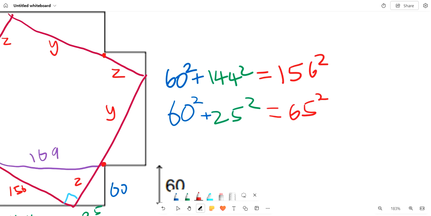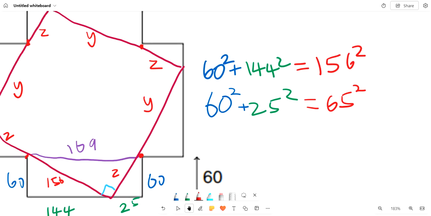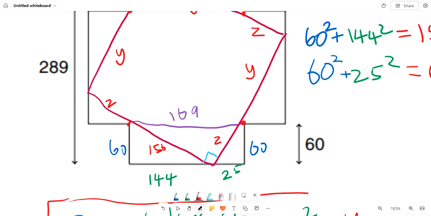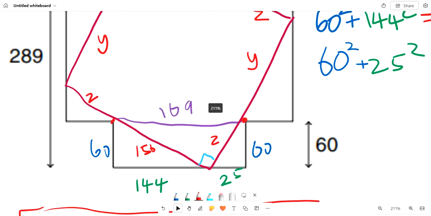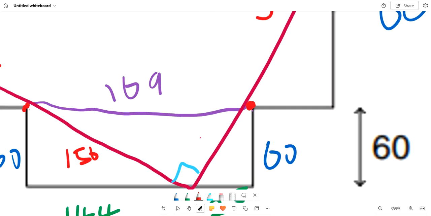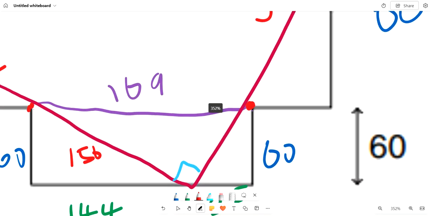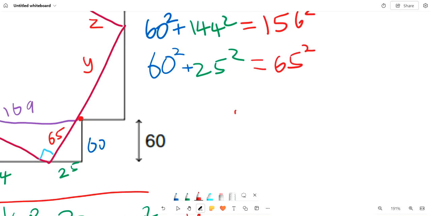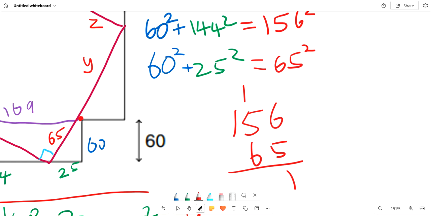We could also use that on the one above, but I didn't want to. And so we can find that z is 65. And finally, we add these together and we get 156 plus 65 equals 221. So that's our answer.